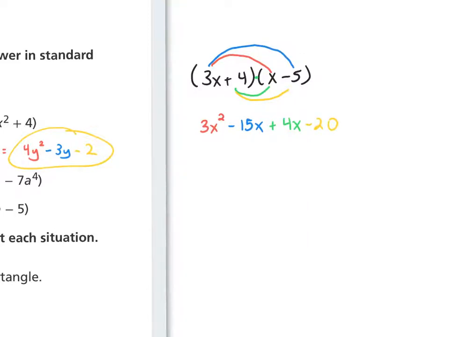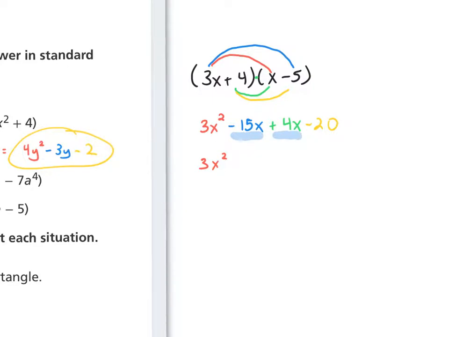So notice, now we're back at the problem like over here, where we have to combine our like terms. Well, I don't see any other square terms, any other quadratics, so I only need to bring down the 3x squared. Nothing else. Well, I do see that this is a linear term, and this one's a linear term, because they both have x to the power of 1.